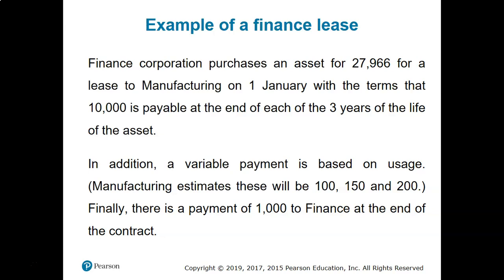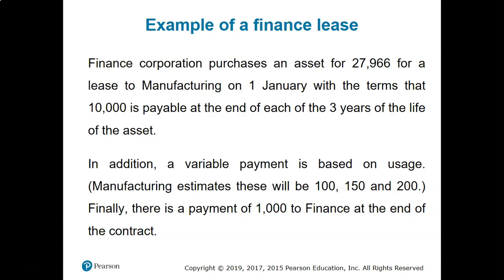So every year you'll make 10,000 payments, and the lease is for 3 years. So 10,000 and 10,000 and 10,000, every year you are making 10,000 payments. This is the fixed payment. And in addition, a variable payment is based on usage.